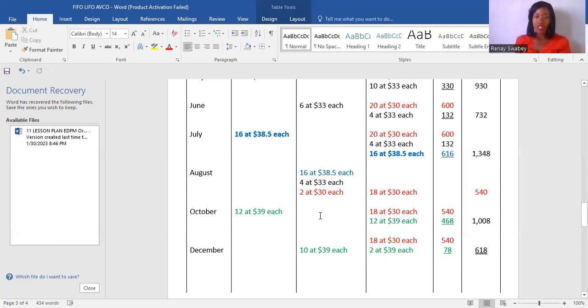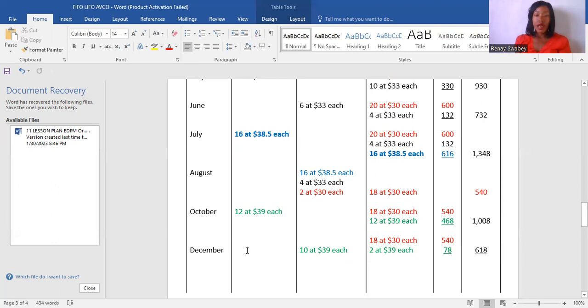However, in October, she did not sell any of the 12 items she purchased from Sashanique. Hence, you're going to do your stock taking. You're going to check up how many you have in stock. And you realize that none was sold. So she said 12 times 39 equals $468. Here we have an adjustment to make. 540 plus 468 equals 1,008.